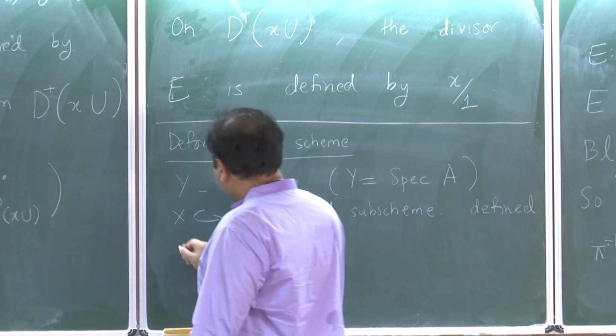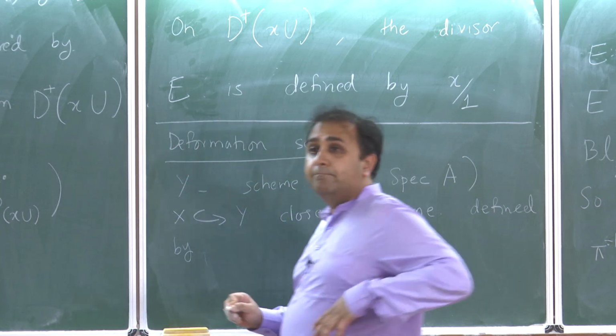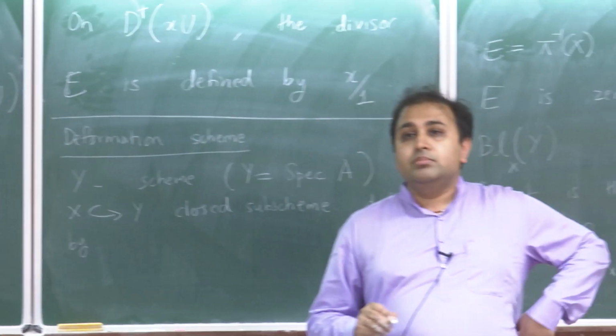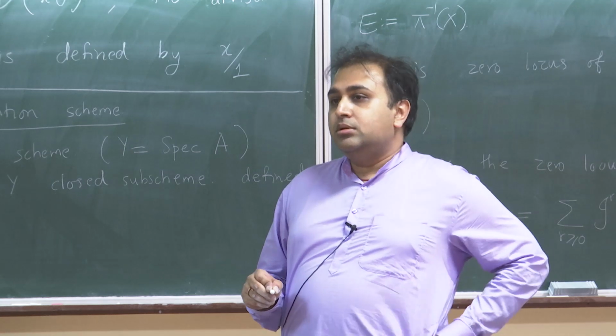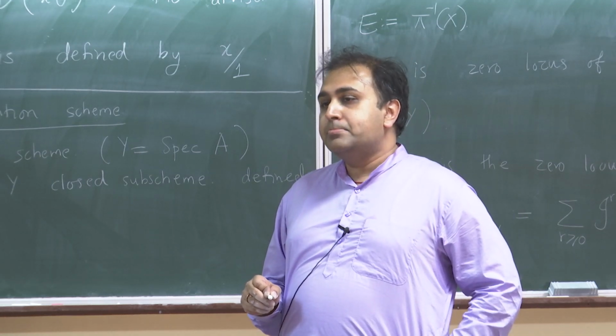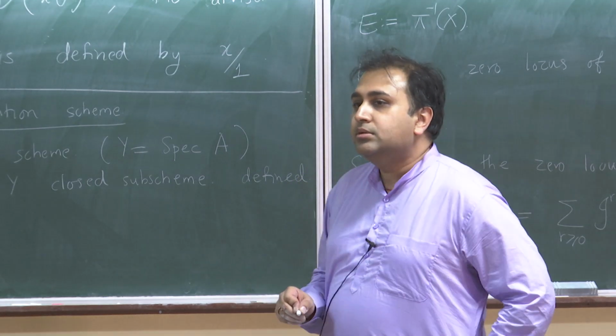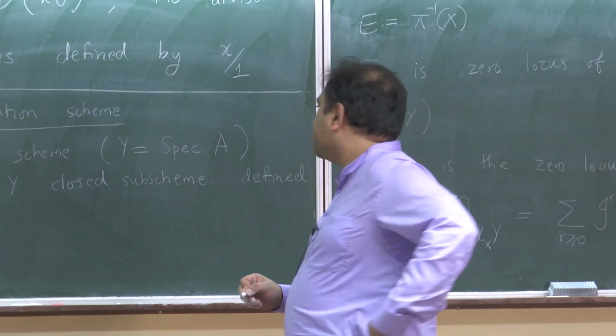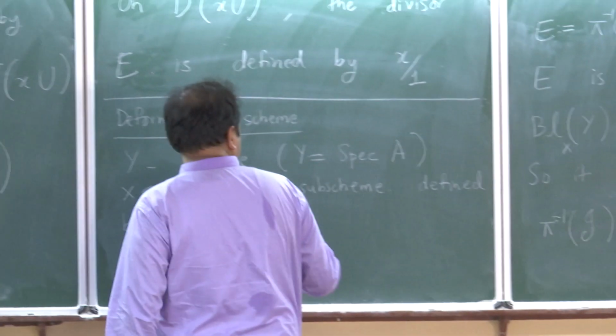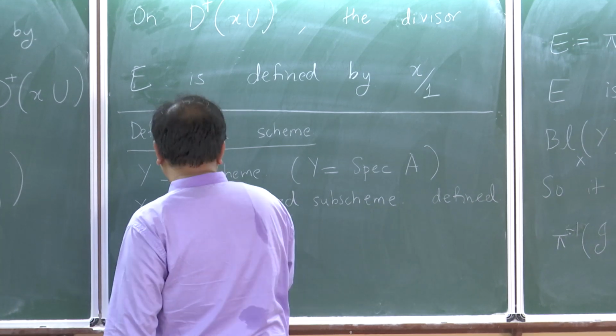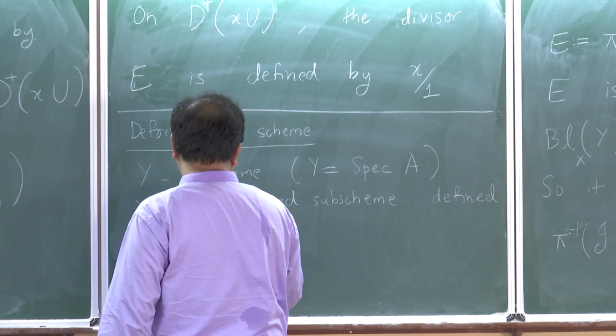If x is a non-zero divisor, then D plus of xu becomes empty. So that statement is actually true. X is defined by the ideal I.